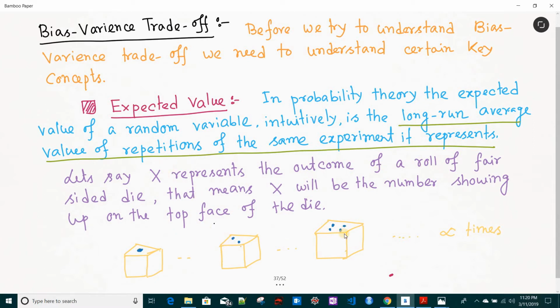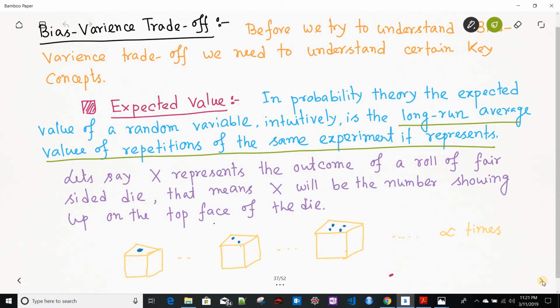The average of 1, 2, 3, 4, 5 and 6 is 3.5. If we do this experiment and compute the expected value of this random variable x, we can see the expected value converges to 3.5.